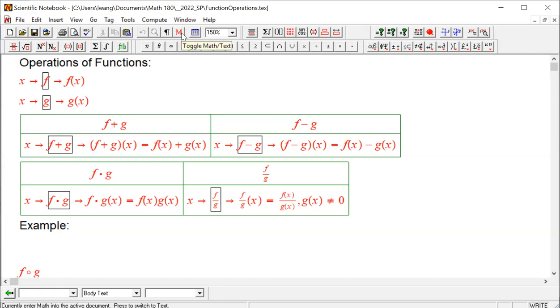Adding, subtracting, multiplying, dividing functions. Suppose I have one function f, so this function is f of x equals x. And the g function, I'm going to take to be 1 over x.